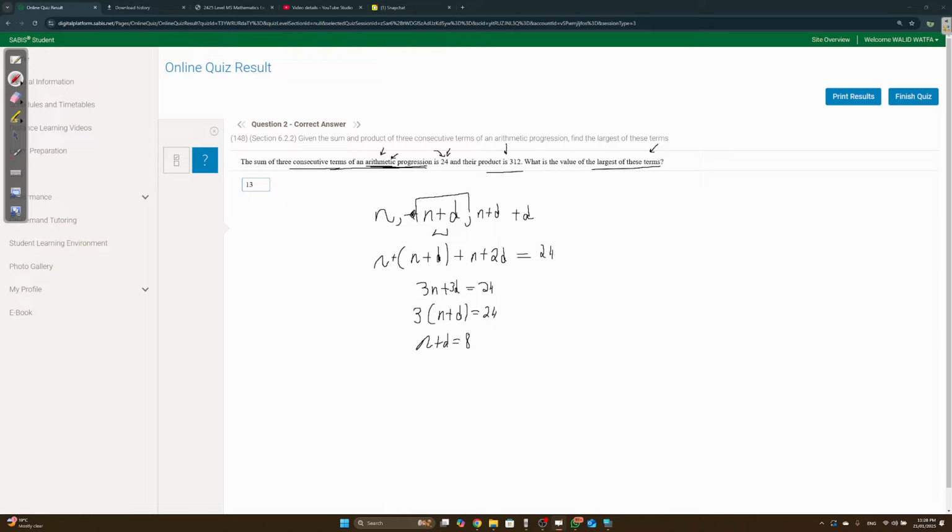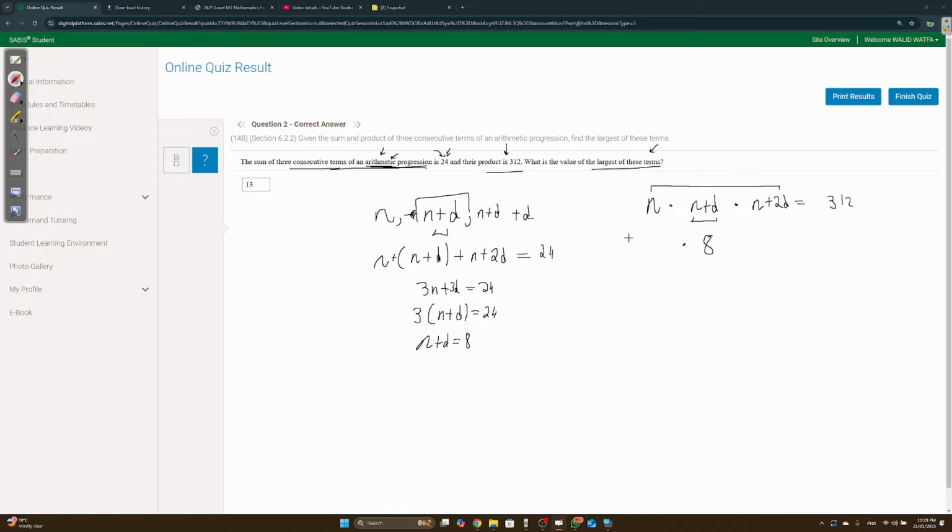What else do we know? We know that the product is 312. So we know n times n plus d times n plus 2d is equal to 312. This is where you need to use your brain a bit. We know that the middle number is 8. We figured it out. What do we know about n?